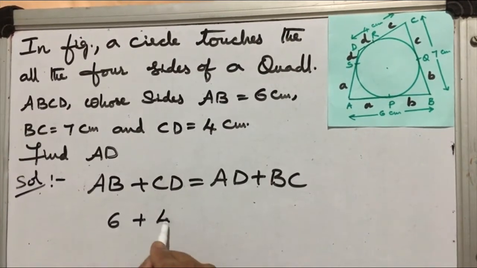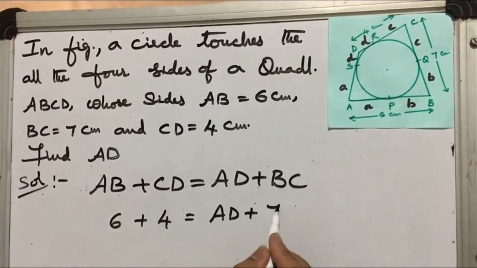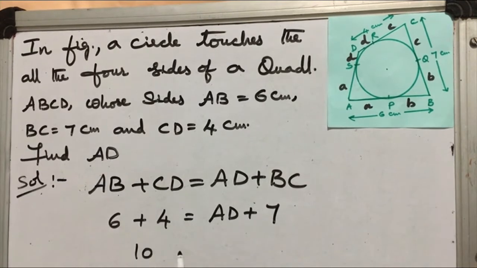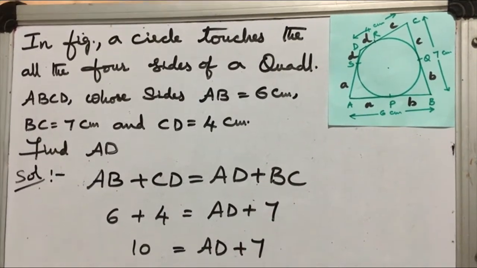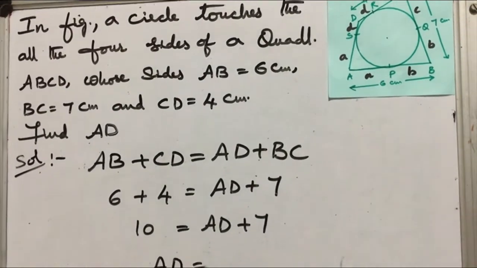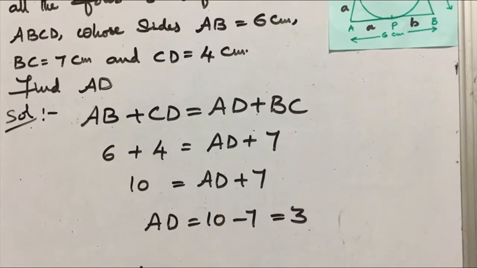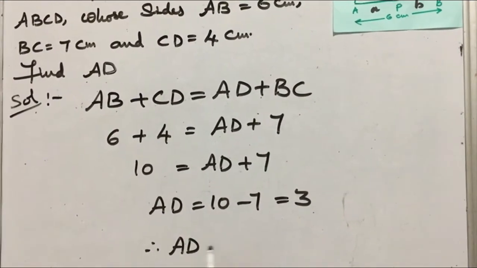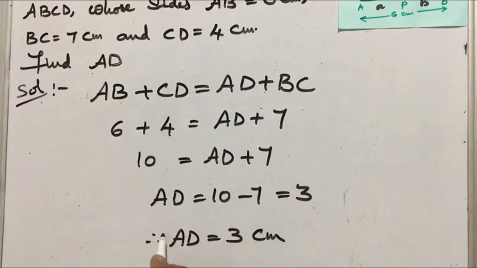CD is 4. AD we have to find out, and BC is 7. So 10 is equal to AD plus 7. So AD can be how much? 10 minus 7, which is nothing but 3. Give the conclusion along with the units. Therefore, length of AD is 3 centimeters.